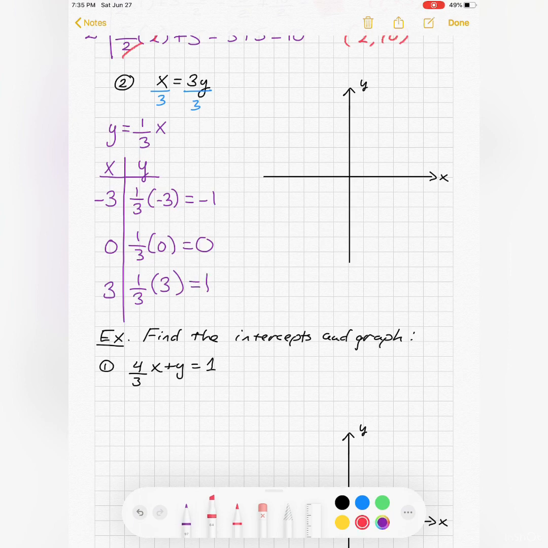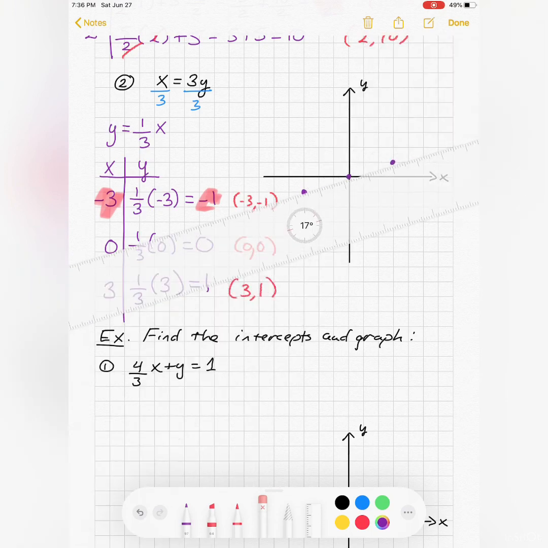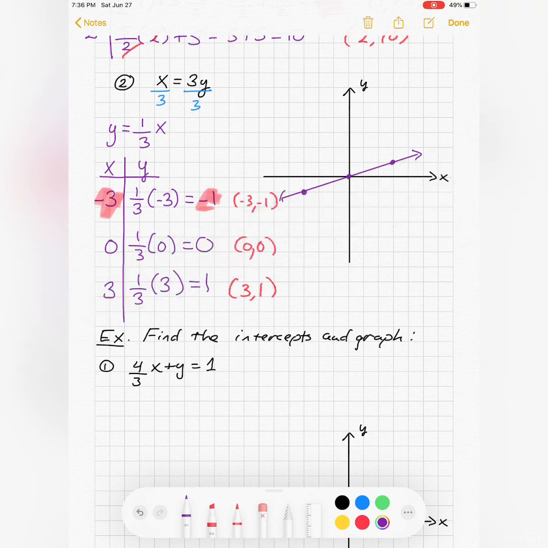So let's see, what are my points? -3, -1. 0, 0, and 3, 1. And there's my line.